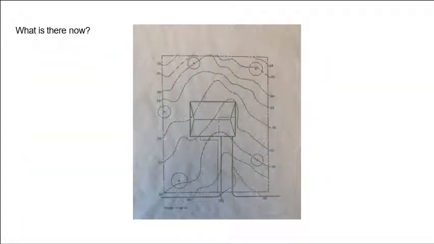So again, we're going to start with what is there now. And we've talked about this with you before. It's actually a fairly simple process, but it's an important process to go through because what is there now is going to restrain, control, and guide the design that you're going to be doing as you're trying to grade this site.